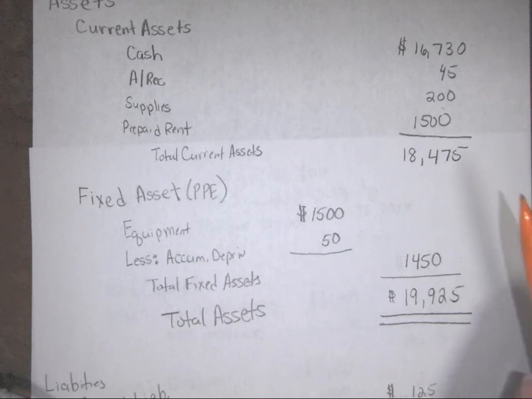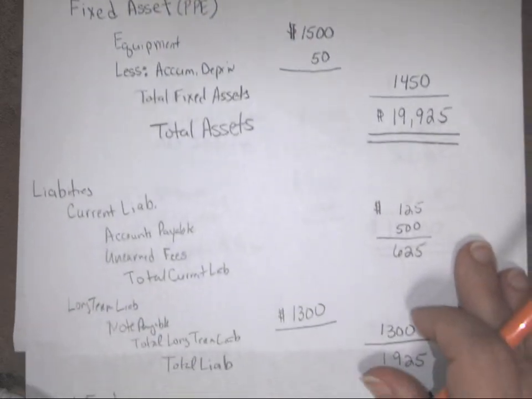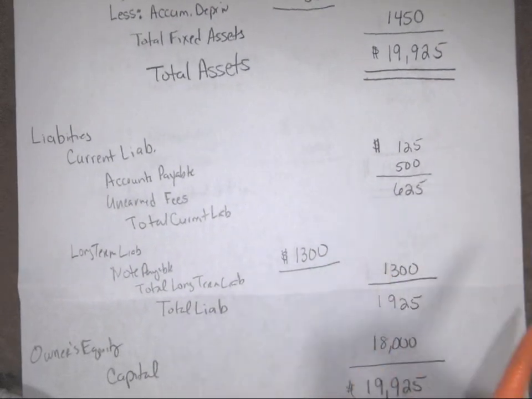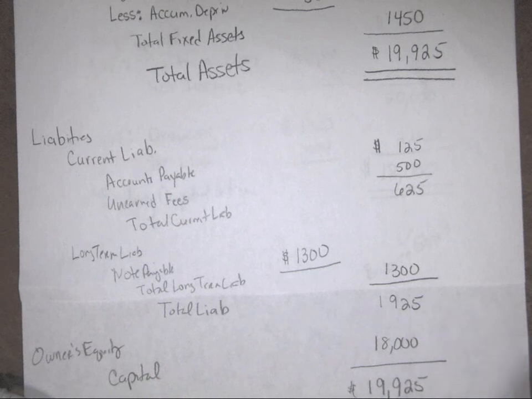Sometimes you might have more than even two columns. You might have 3 or 4 columns. This one I just have the 2 in it. And then same thing goes for down at the bottom. We just have all of those different amounts. We can have liabilities, current liabilities and long-term liabilities are the only types that you can have. And then for your owner's equity, we just have capital when we deal with a sole proprietorship.